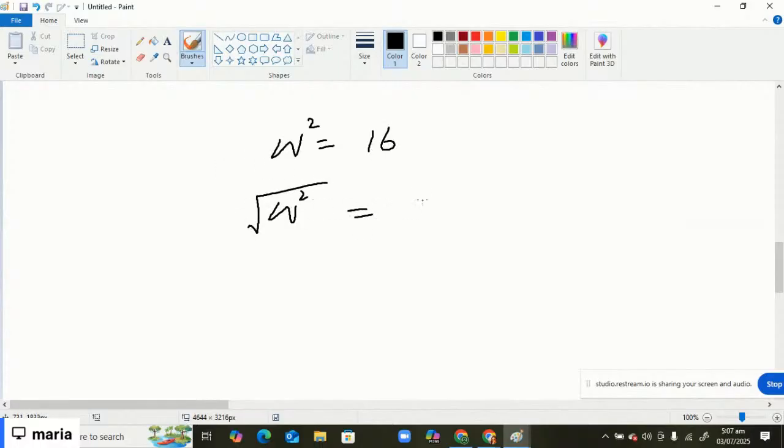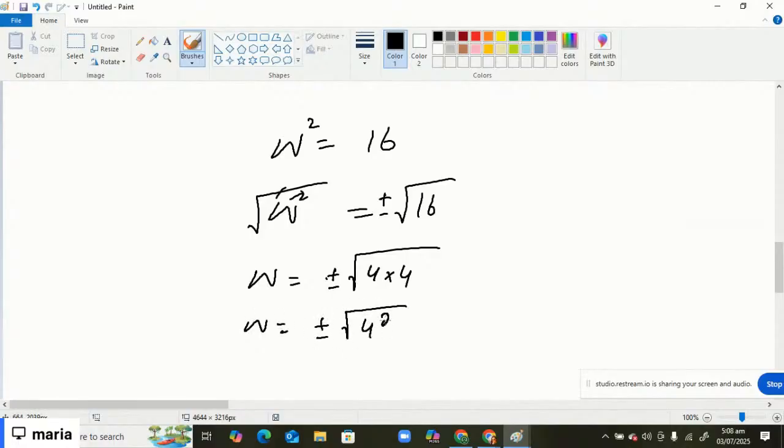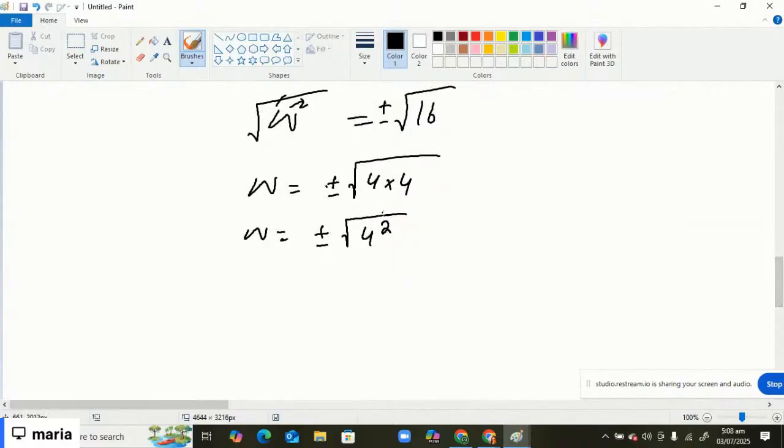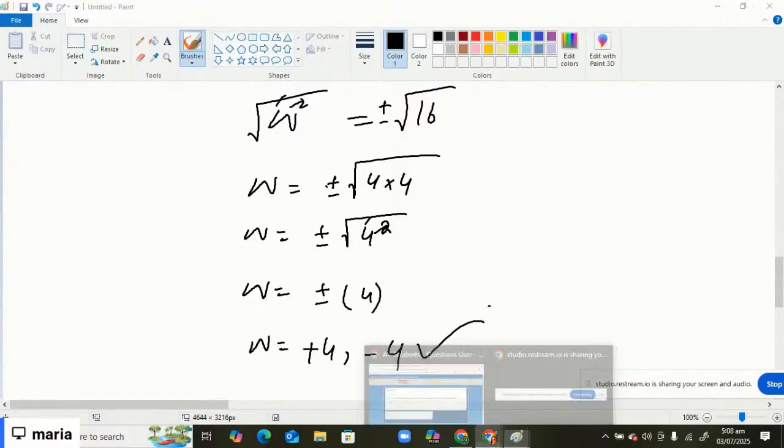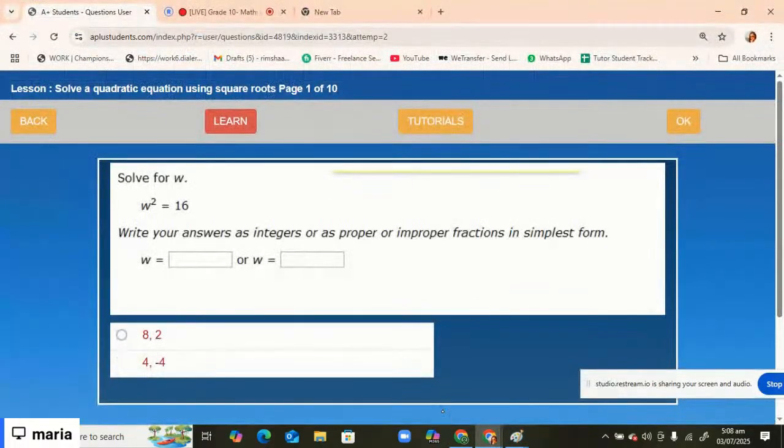Taking the square root, this should be cancelled, here is w. 4 times 4, 4 square, this should be cancelled. So w is plus 4 and minus 4. There are two solutions for that. This is plus 4 and minus 4.